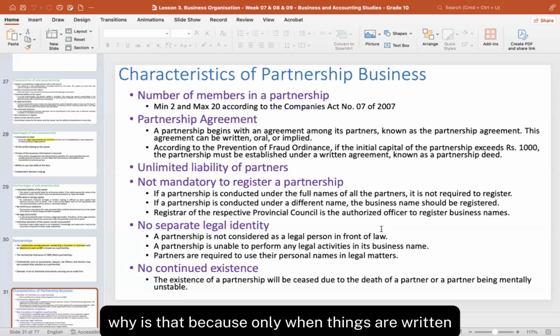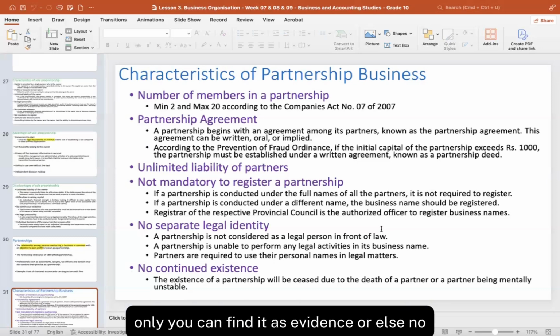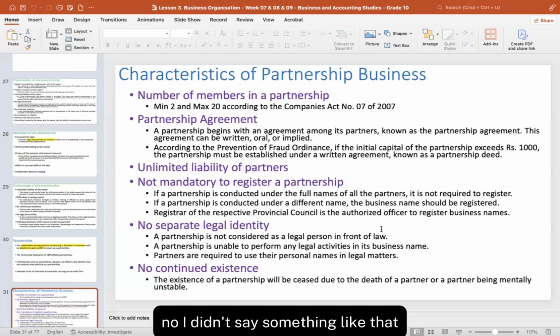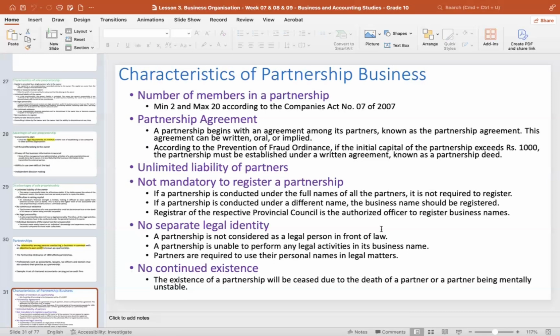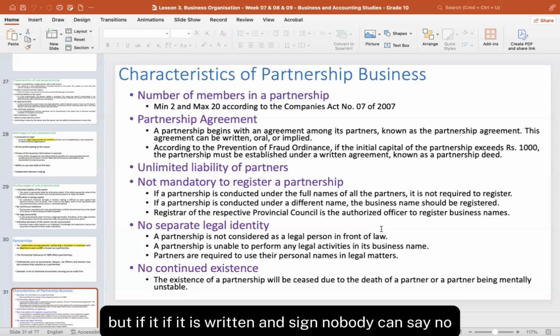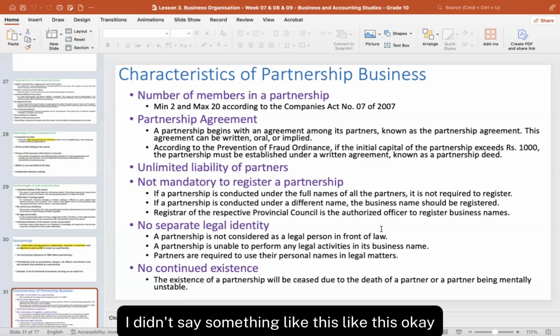Okay, why is that? Because only when things are written can you find it as evidence. Or else, no, I didn't say something like that, I didn't imply something like that. But if it is written and signed, nobody can say no, I didn't say something like this.